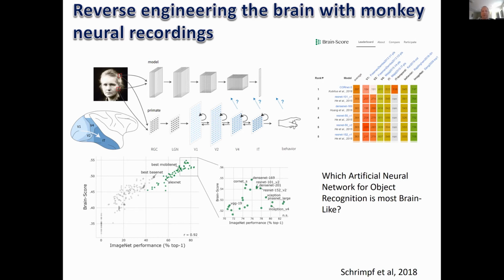And there is a lot more work showing how recurrent connections, for example, are very important to go closer to human or monkey data, because difficult tasks such as occlusion or different difficult viewing conditions really need the power of recurrent connections to create strong algorithms.